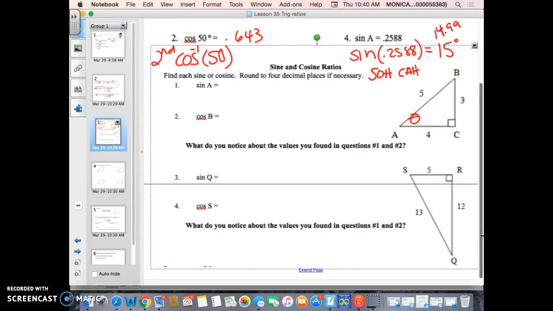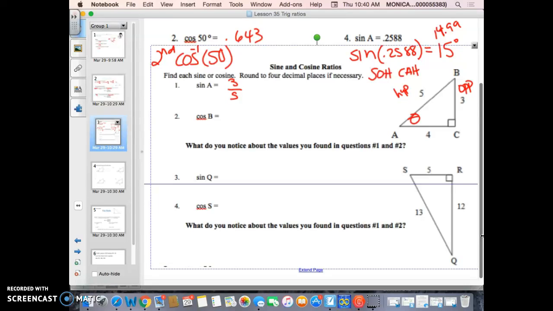Once again, I'm going to think. So if I want the sine of angle A, I know that I'm looking opposite, which is here, and the hypotenuse, which is there. So that means I'm going to be putting 3/5.